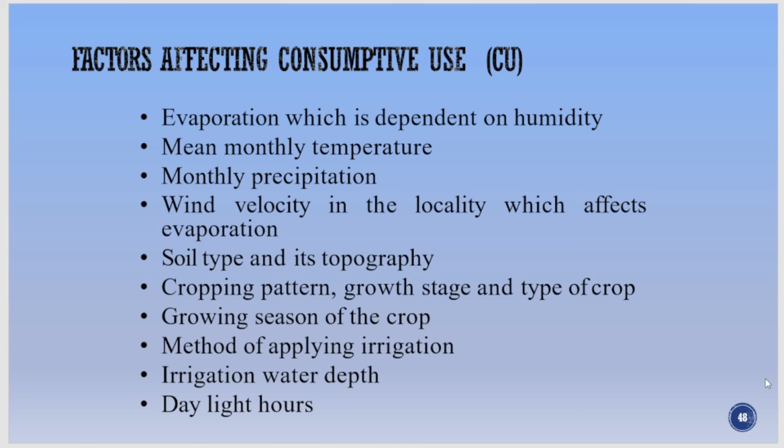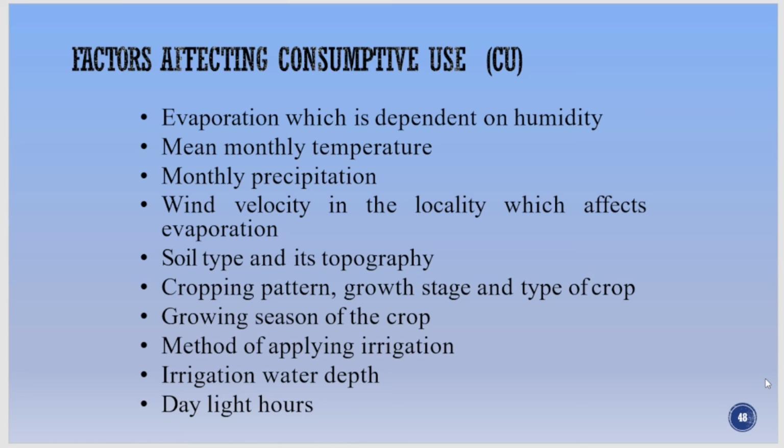Then wind velocity. Some of these factors are similar to the factors affecting evapotranspiration, which you may have discussed while studying evapotranspiration in the second module. These same factors influence consumptive use also.